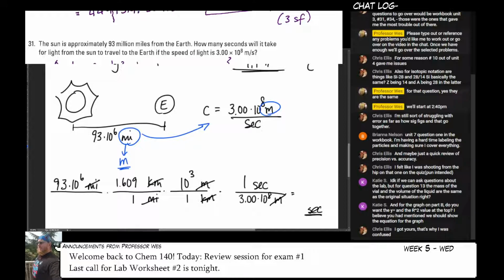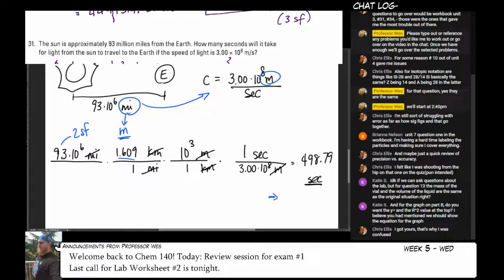And when I do this, the number I get is 498.79. Which we then need to report to however many sig figs we should have, which it looks like is 2, because this is 2 right here. So for 2 sig figs, I would report 5.0 times 10 to the 2 seconds.